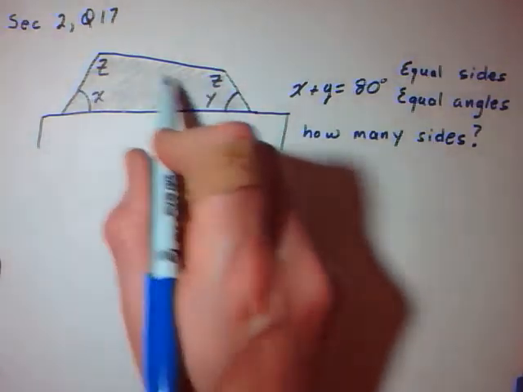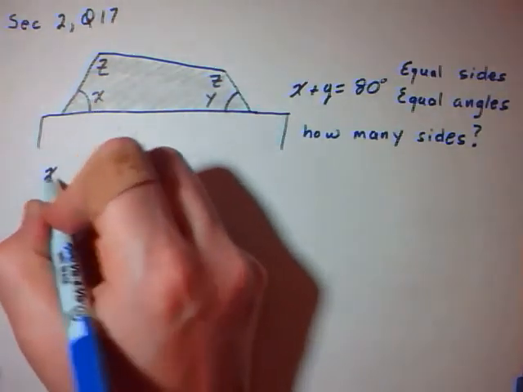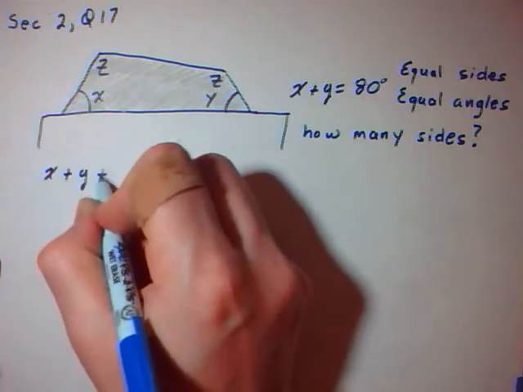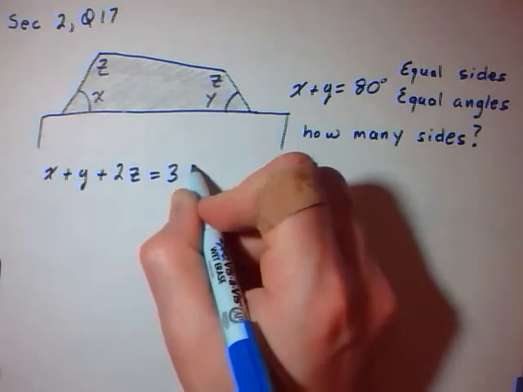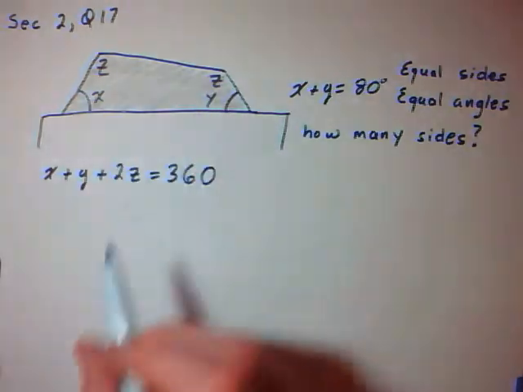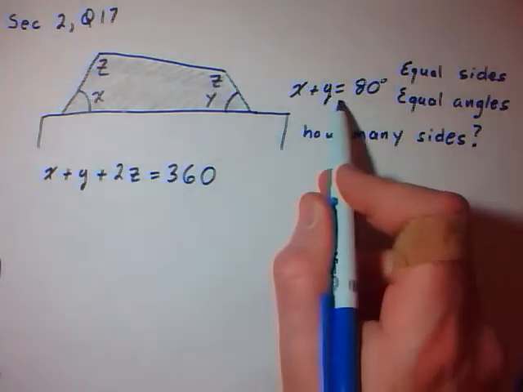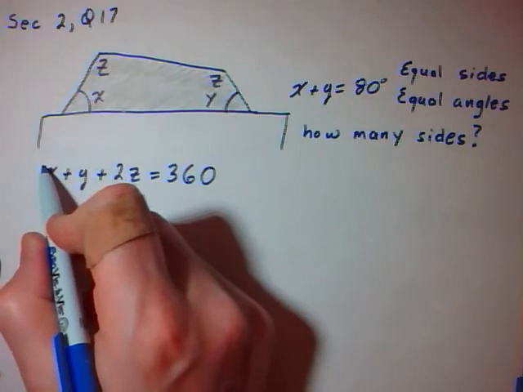So the equation that we can get for these is that X plus Y plus 2Z is equal to 360, because the sum of the interior angles of a quadrilateral is 360, and we know that X plus Y equals 80, which is this X plus Y here.